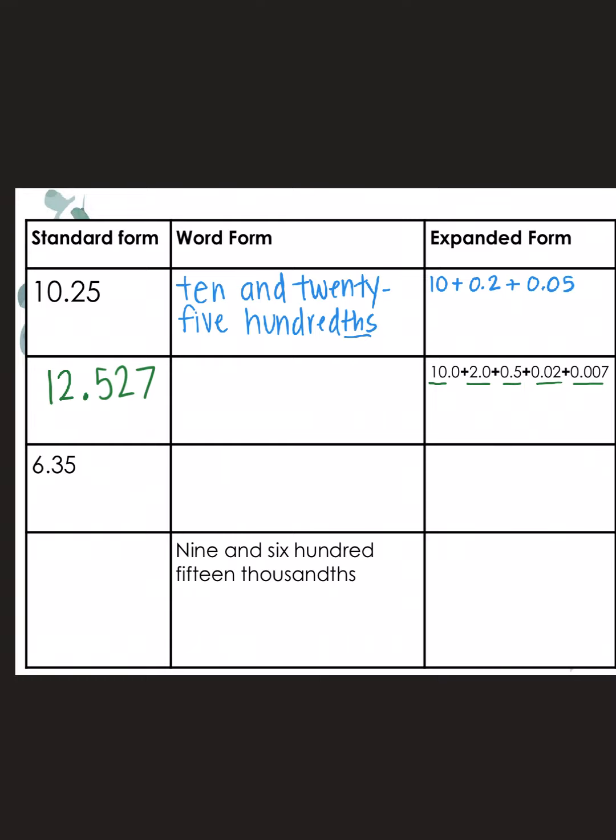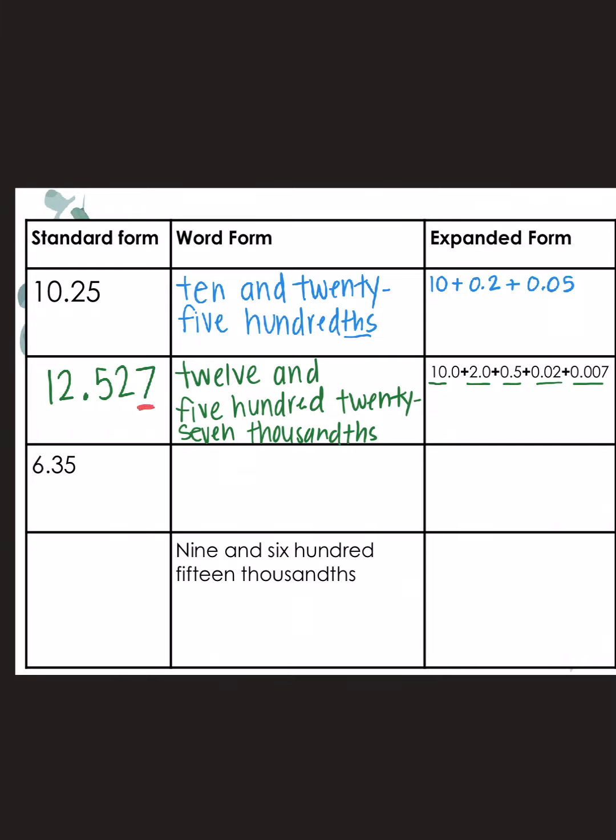Now that I have my number in standard form, I can write it in word form more easily. 12 and 527 thousandths.